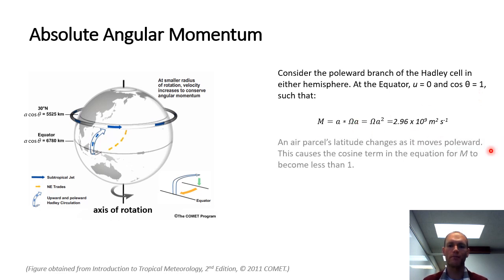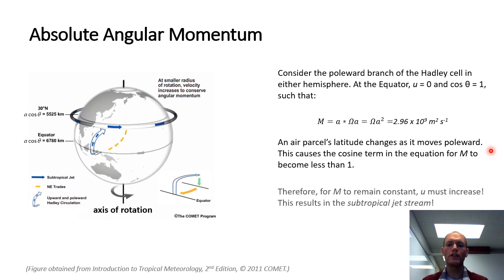So if we do this, we would find that you would get a zonal wind that is very, very large, over 100 meters per second, much larger than we actually observe, just by virtue of taking an air parcel from the equator near the tropopause and directing it poleward toward 30 degrees north latitude or 30 degrees south latitude.